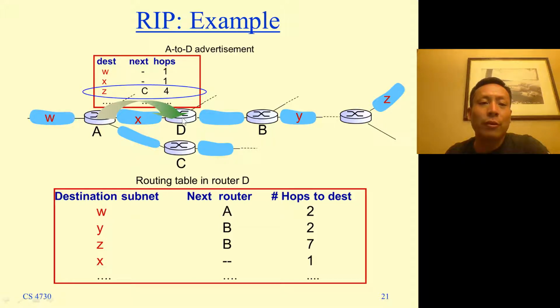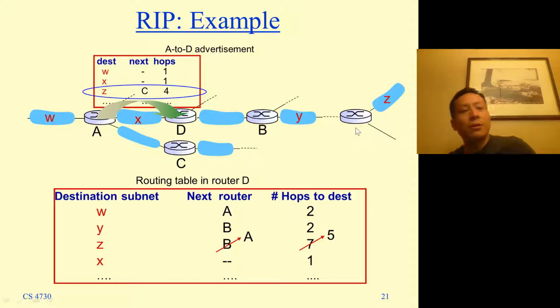So D will update its routing, recalculate based on the Bellman-Ford equation and do relaxation, right? Correspondingly, this router D will update the destination routing entry for Z and update the next hop to A, because A can handle it within just 4 plus 1, 5 hops to the destination Z. So originally D goes through B to reach Z. Now you have to go through A, then to C, and then somehow it reaches Z with a shorter path.